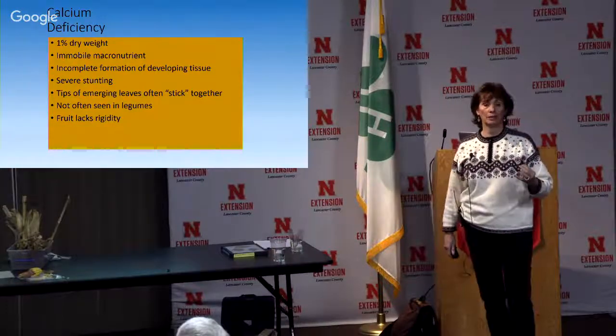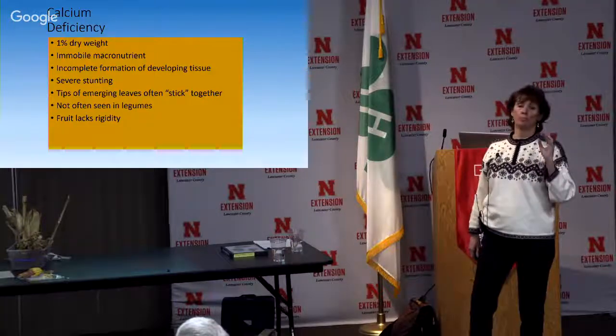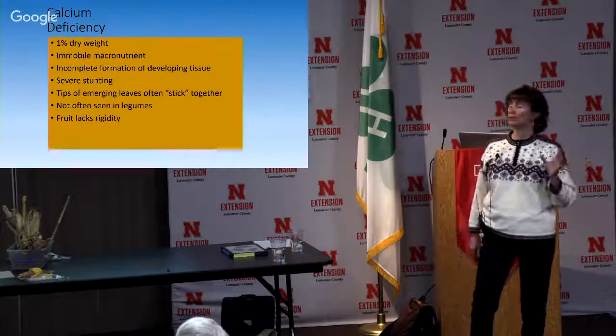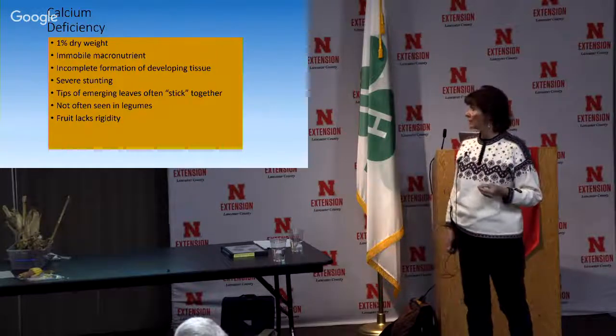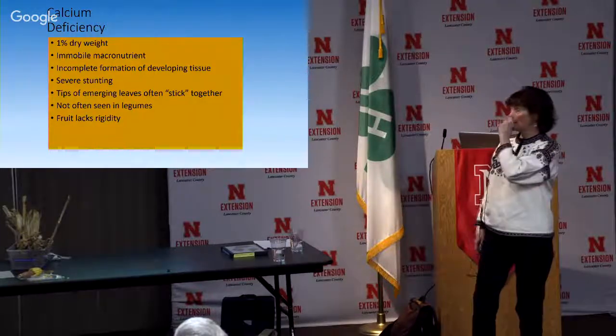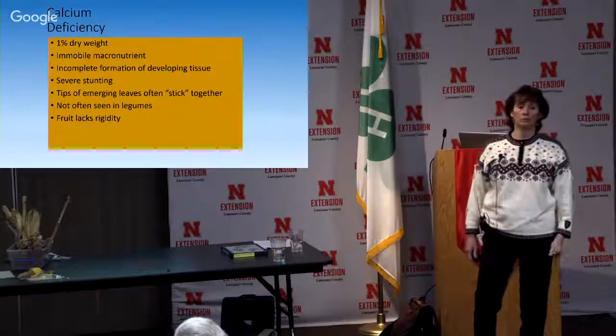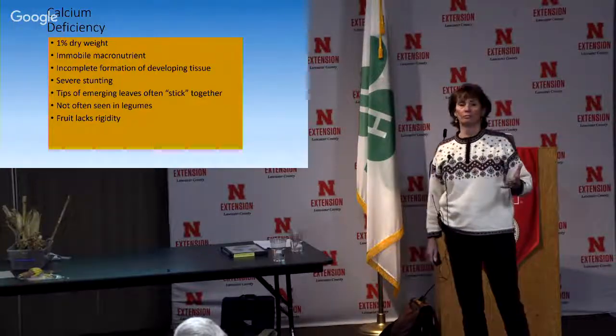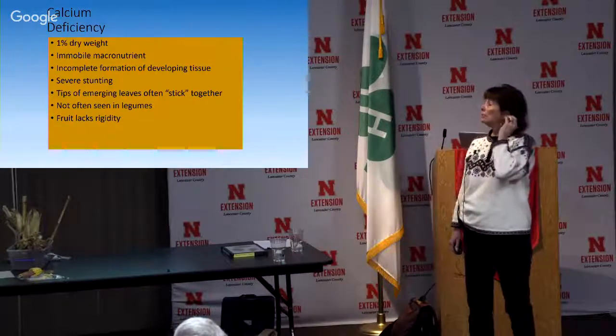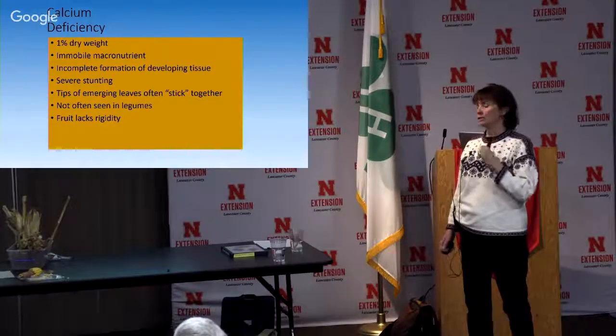boron. Okay, that's boron's big deal. So boron and calcium have similar symptoms. The tips look like they stick together. We rarely see it in legumes, and that's probably due to nodulation. And if you were growing fruit of any kind, the fruit would lose its rigidity.